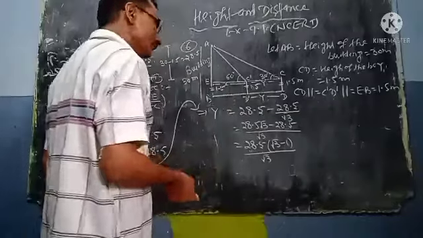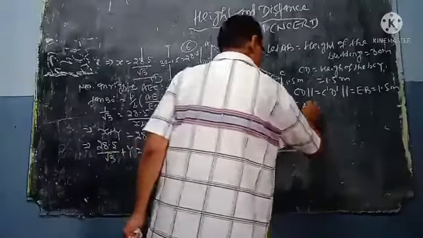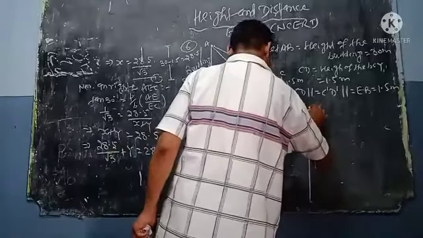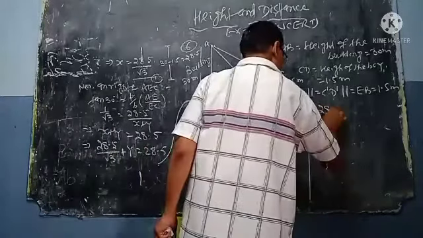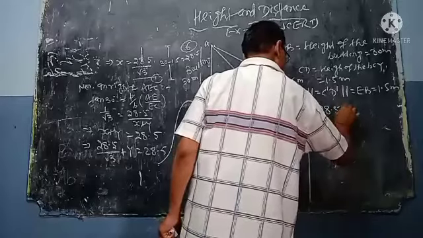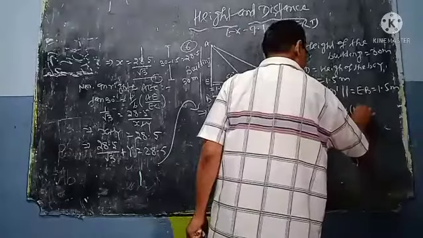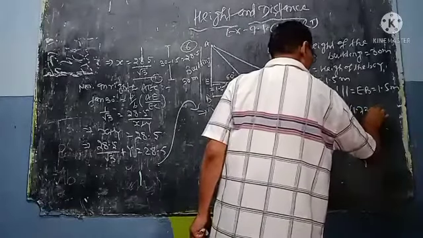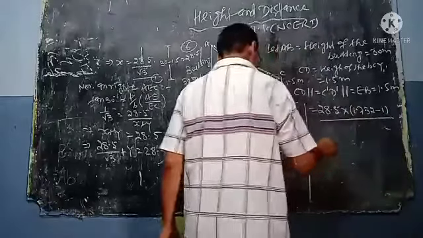Now you can put the value of this. So what will be this value? Equal to 28.5 multiplied by under root 3, we are taking 1.732, minus 1, by 1.732.